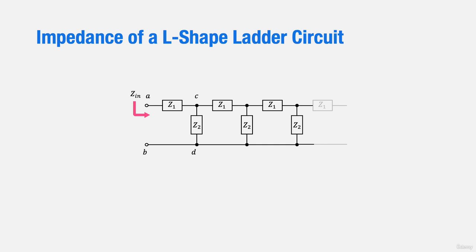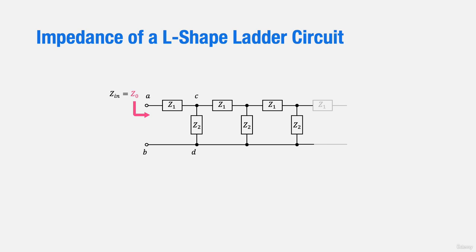Although this ladder network is infinitely long, there is always an input impedance when we look in from left to right, which we will call Z0. Our objective now is to determine the input impedance Z0 of this infinite network.